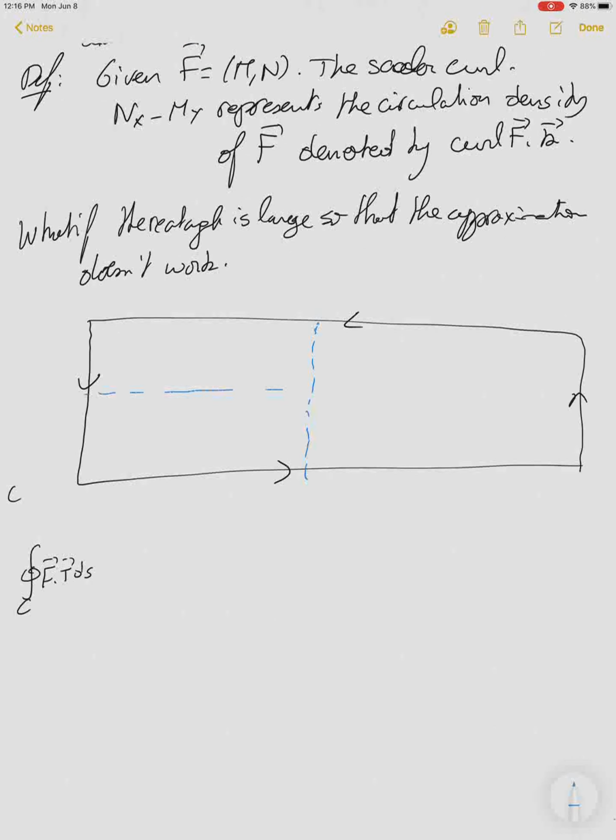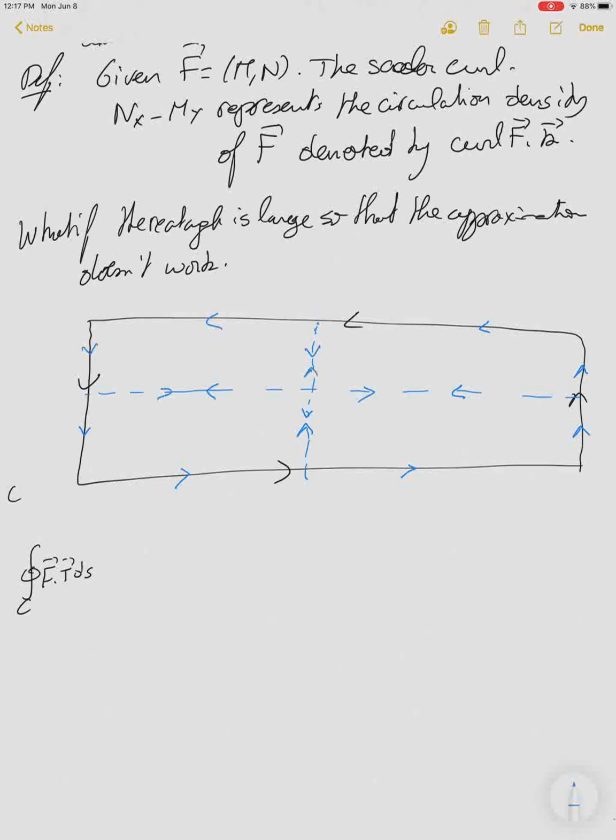I divide this rectangle into 4 pieces. And I start here. I calculate the line integral over the smaller blue rectangle. And then I calculate the line integral over the second rectangle, then over the third, and then over the fourth.